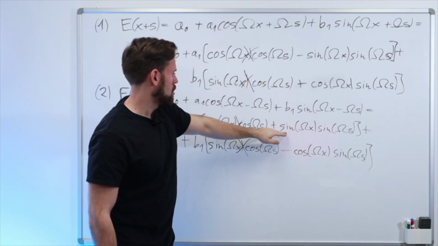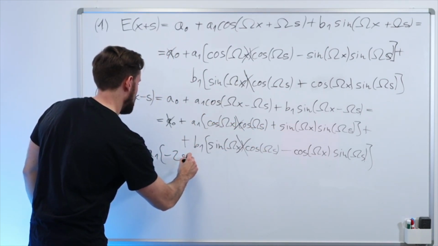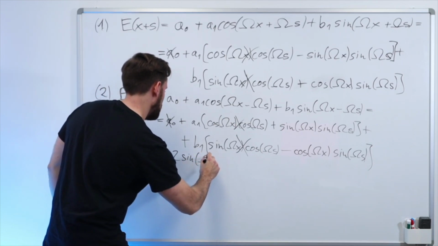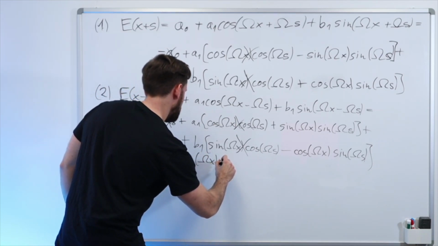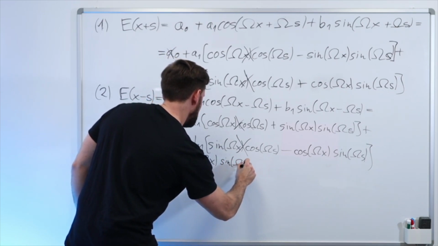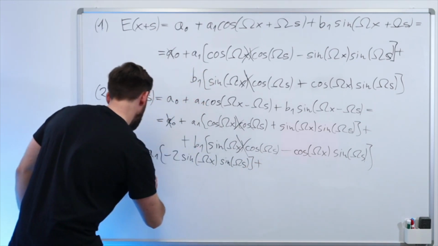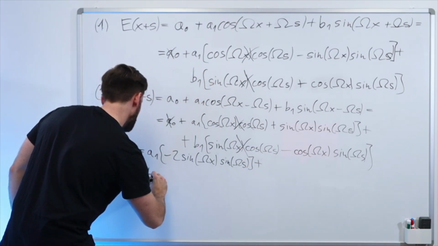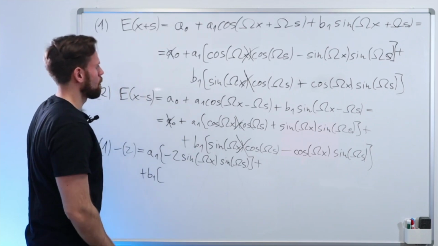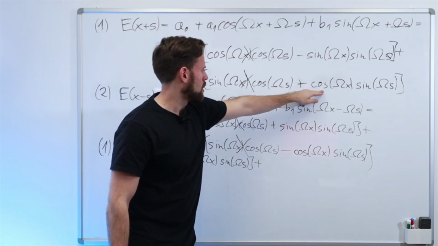Minus is going to give us minus 2 sine omega x sine omega s, plus b1. So in the second term, we will have b1 times cosine sine.